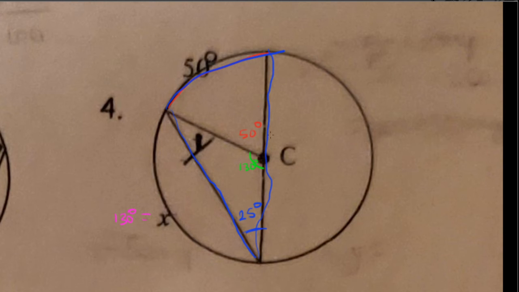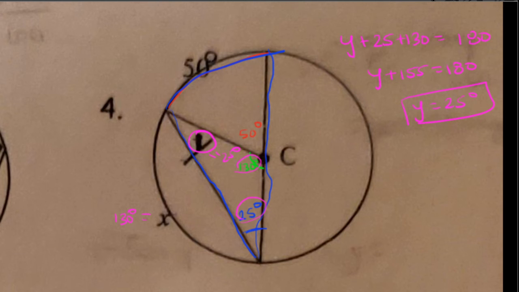Now, y, 130 and 25 have to add up to 180 because we have a triangle. So 25 plus 130 is 155. So y has to be 25 degrees. So y is 25, x is 130.